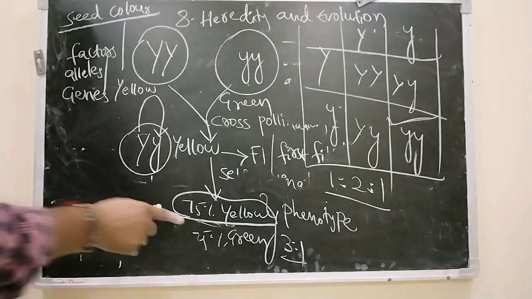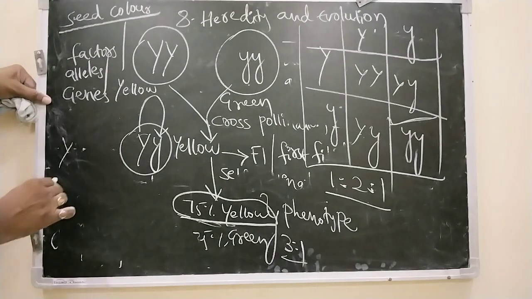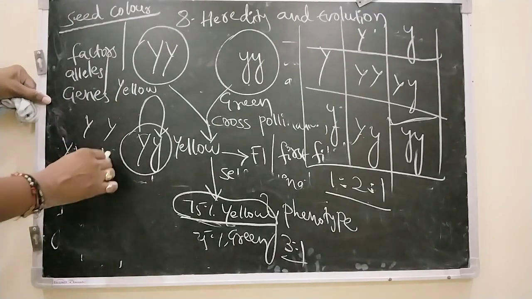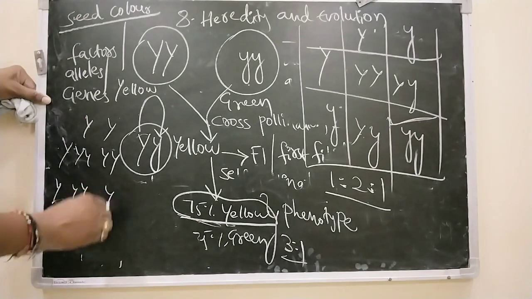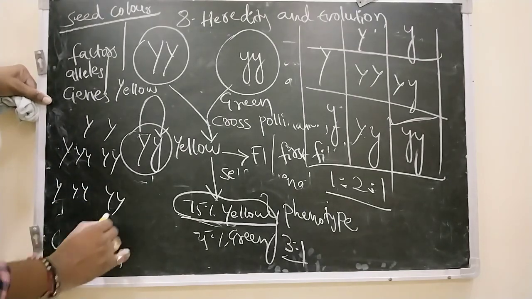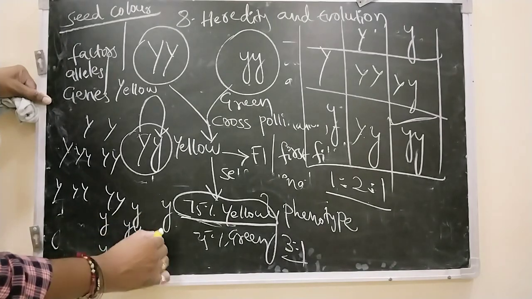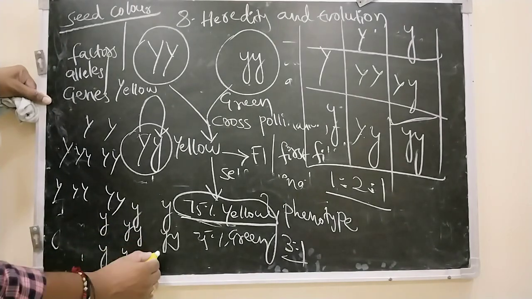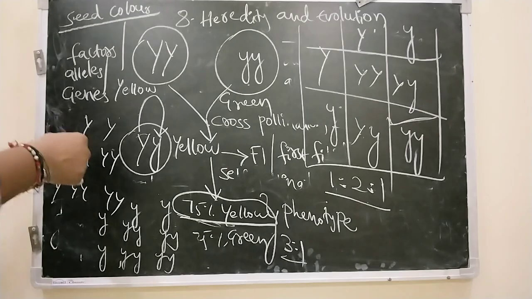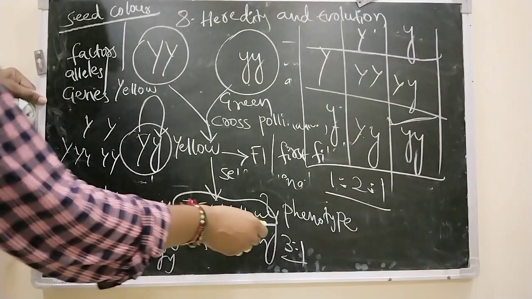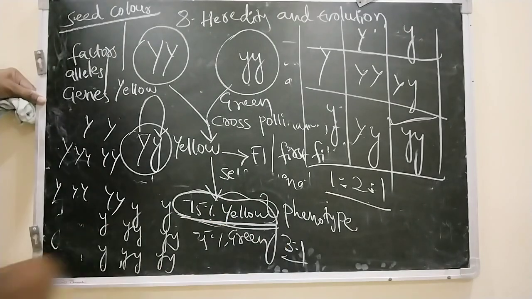In the 75% and 25%, capital Y, like this. These are pure yellow, and these are pure green. All are small y's. These are pure green 25%, pure yellow 25%. So we cannot predict the internal character based on the external character.